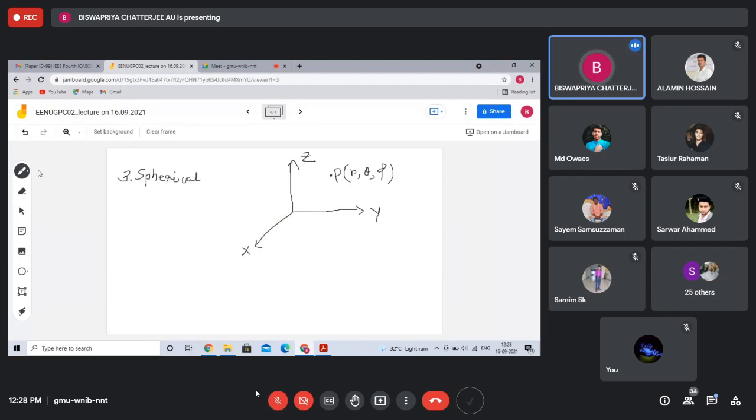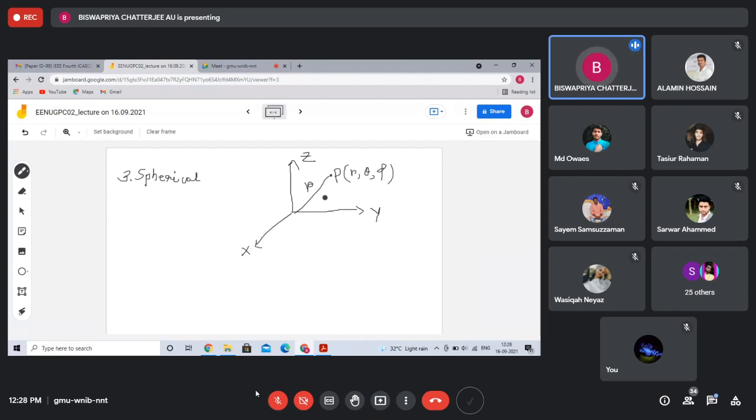What is the definition of r, theta, phi? R is the line joining the origin directly to that point. Previously it was the line joining the origin to the projected point.